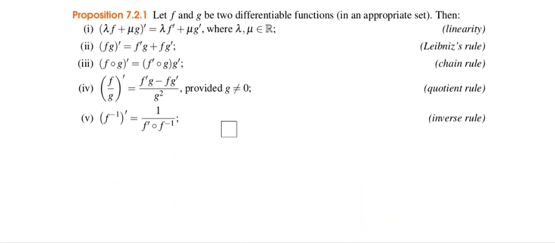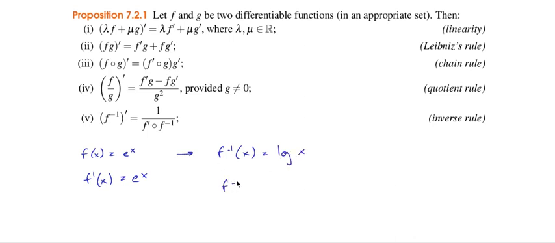So using this last rule, we can prove that the derivative of f(x) = e^x is the same, e^x. Now if we have f^-1(x) as the logarithm, what's the derivative of the logarithm?